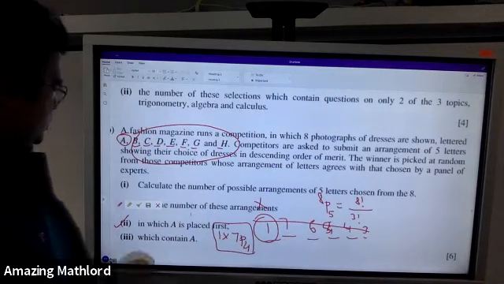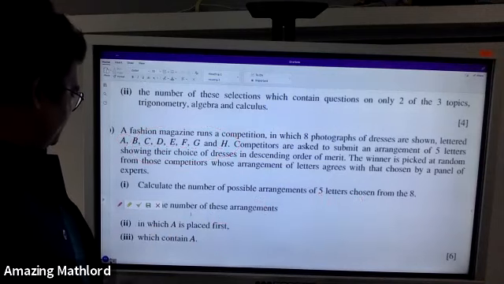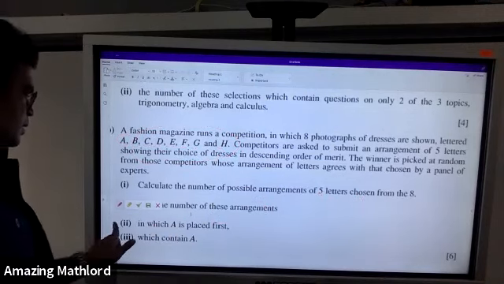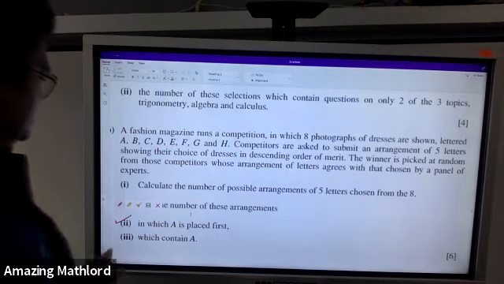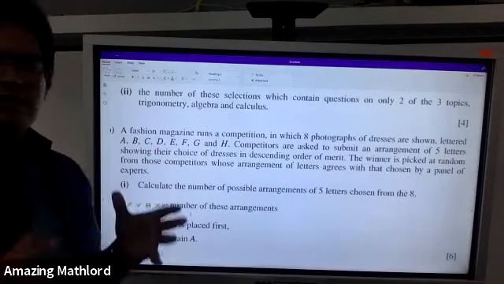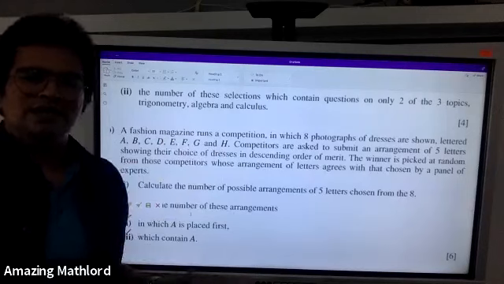Now let's go to the next part, in which A is there, those arrangements where A is there.